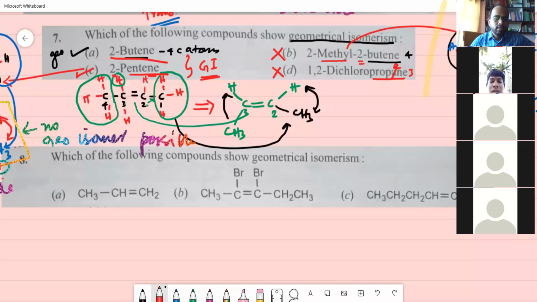Now just extrapolate this double bond there. Double bond. You have C here and H here and H here, and the CH2. So this C has got one H and one CH3.